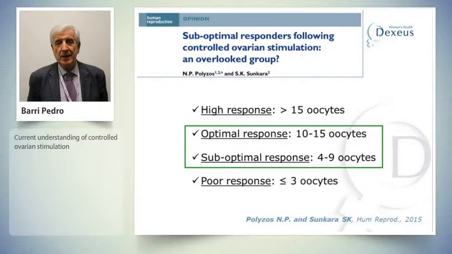But Nikos Polyzos and Sesh Kamal Sunkara have subclassified this group of normal responders in 2 subgroups. The optimal response is from 10 to 15 oocytes, and the suboptimal response, those patients between the optimal and the poor response, those patients producing 4 to 9 oocytes.